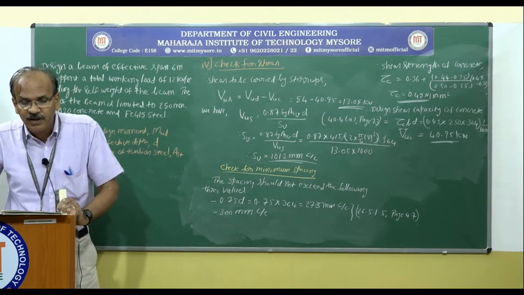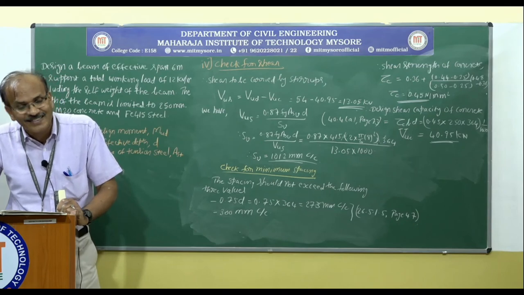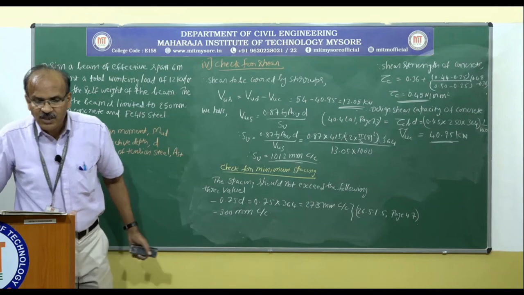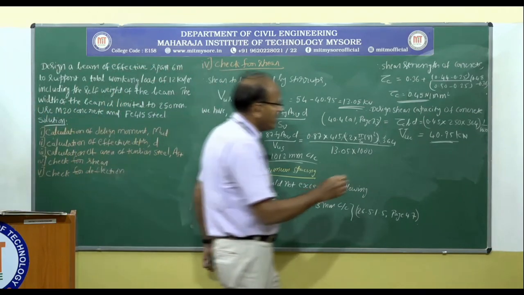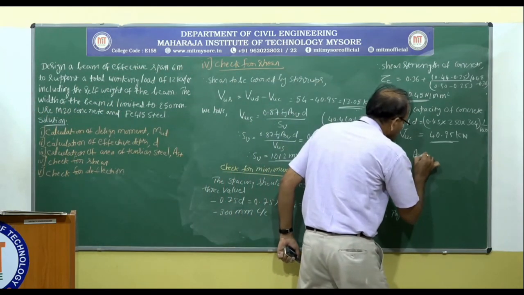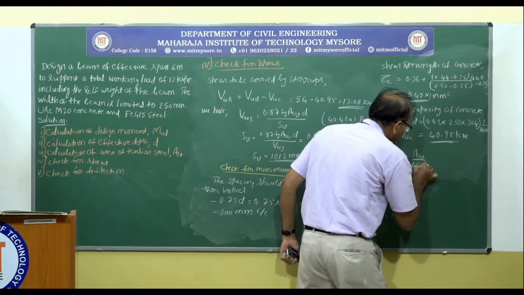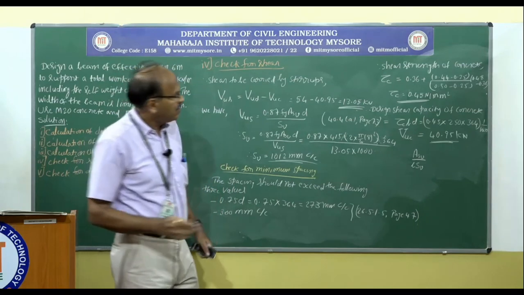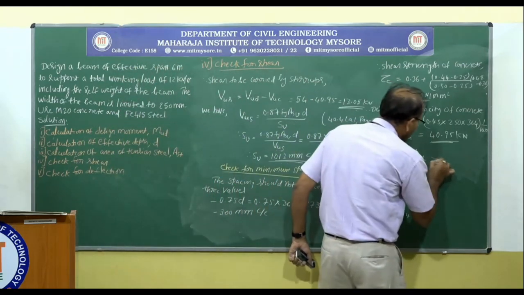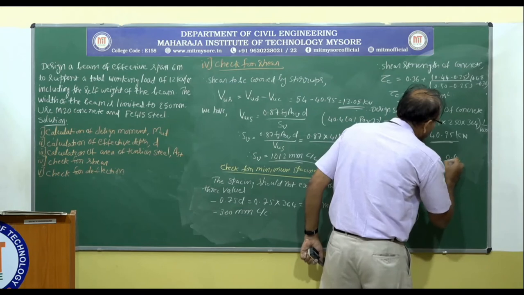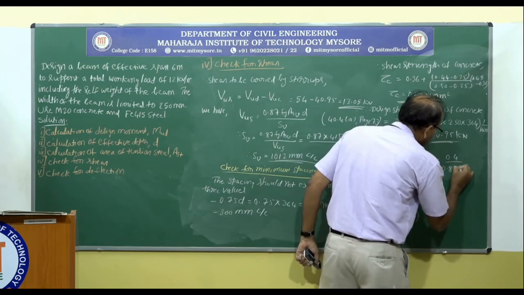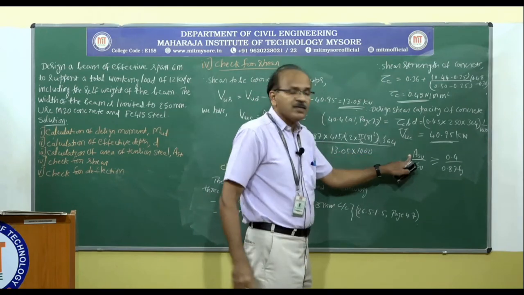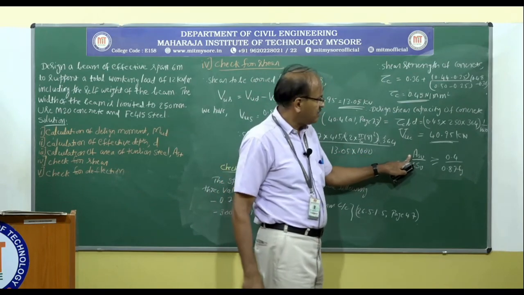Minimum shear reinforcement in the form of stirrups shall be provided such that, so they have given a formula, that is ASV divided by BSV should be greater than equal to 0.4 divided by 0.87 Fy, where ASV is the area of cross section of the stirrups.